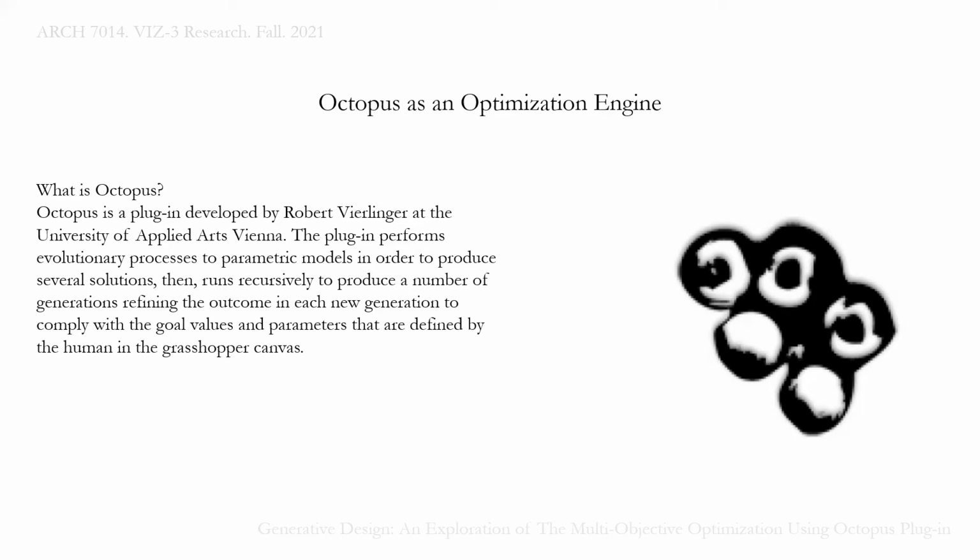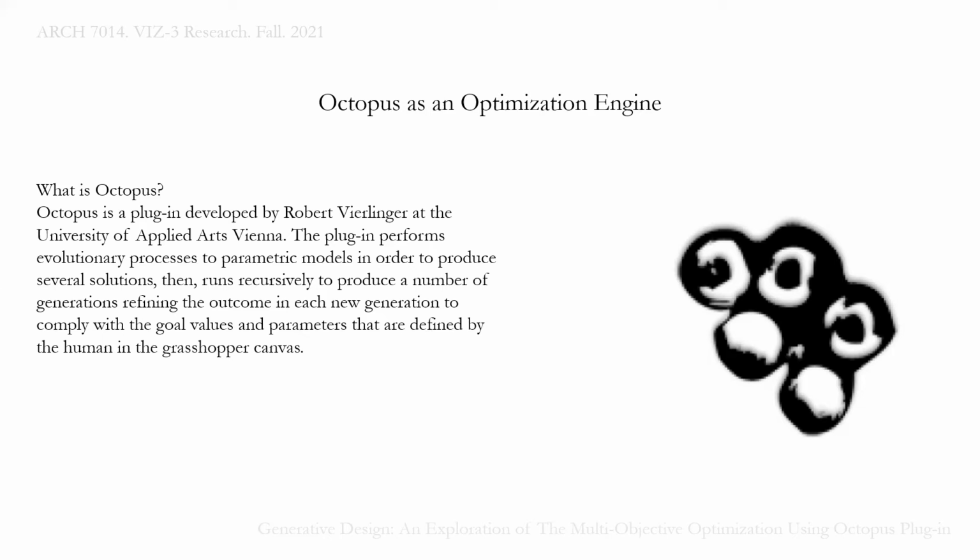The plugin performs evolutionary processes to parametric models in order to produce several solutions, then runs recursively to produce a number of generations, refining the outcome in each new generation to comply with the goal values and parameters that are defined by the human in the Grasshopper canvas.